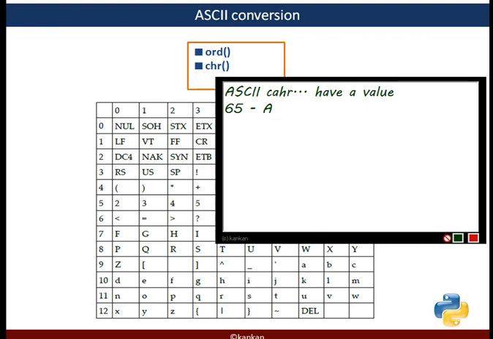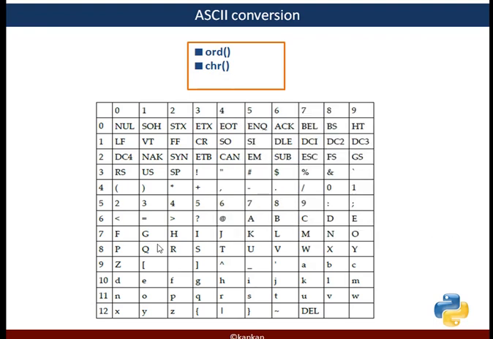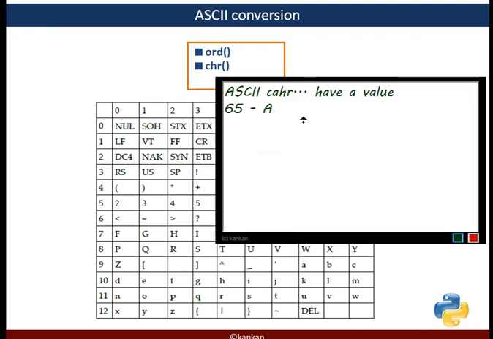Here is a small a: 9 and 7, 97. Okay, so each and every character has an ASCII value.